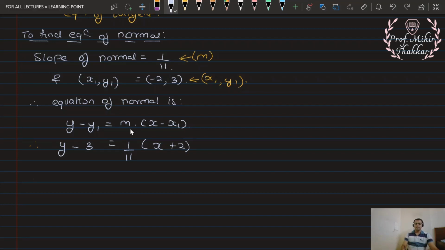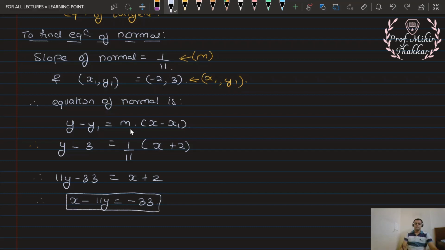Cross multiply this 11 on the opposite side. 11y minus 33 is equal to x plus 2. Transfer this 11y over here and 2 on the opposite side. So the equation of the normal becomes x minus 11y is equal to minus 35. So students, that becomes your equation of the normal.